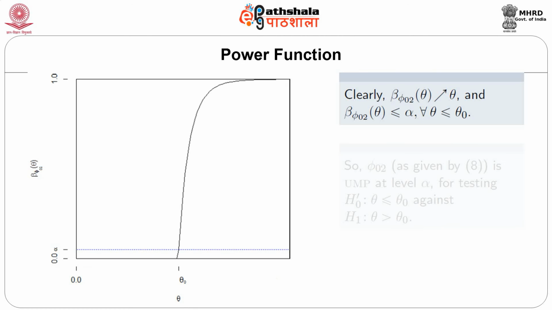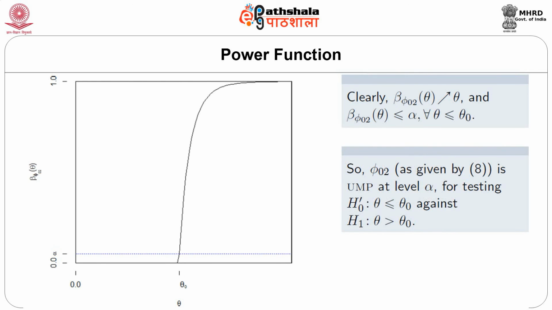So, initially it is 0, then it is an increasing function of theta. So, beta phi naught 2 theta is less than or equal to beta phi naught 2 theta naught, and beta phi naught 2 theta naught is alpha.